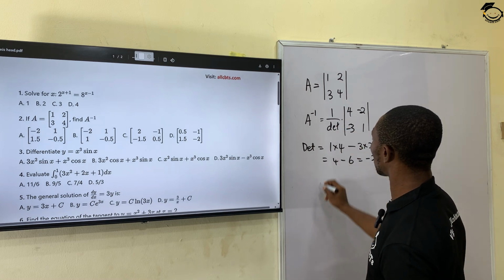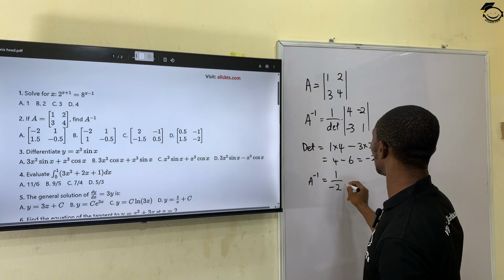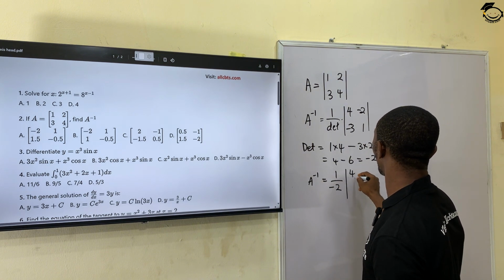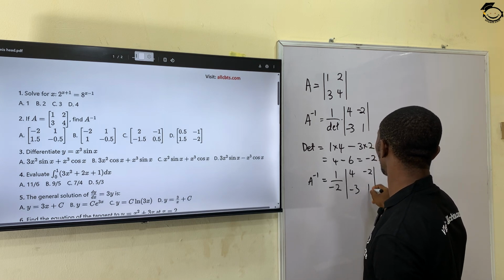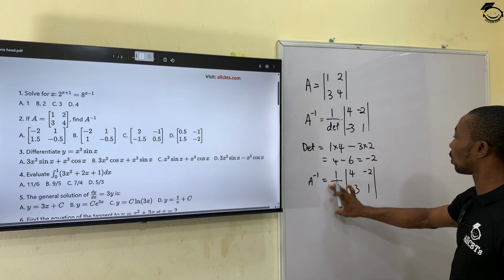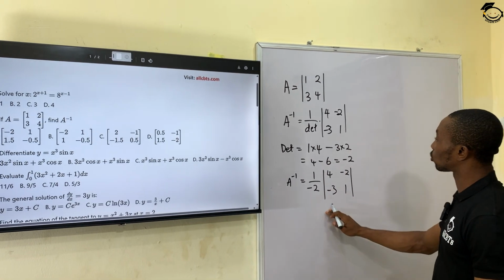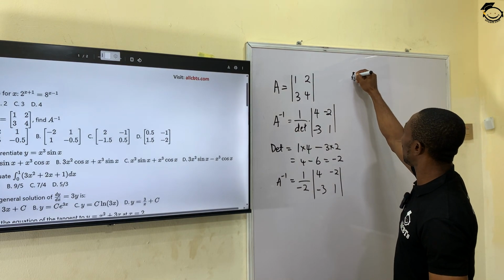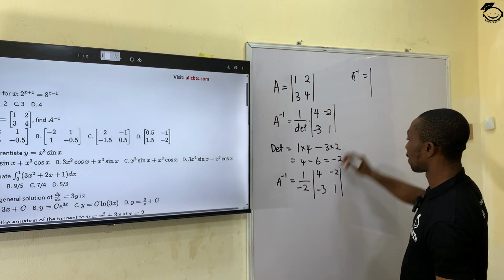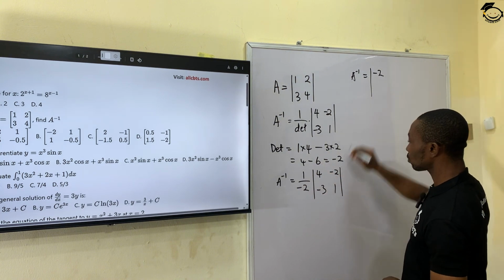So A inverse would be 1 over minus 2 times 4, minus 2, minus 3 and 1. So 1 over minus 2 will multiply all we have in our matrix. Our A inverse will now be 4 times half, which gives us 2.